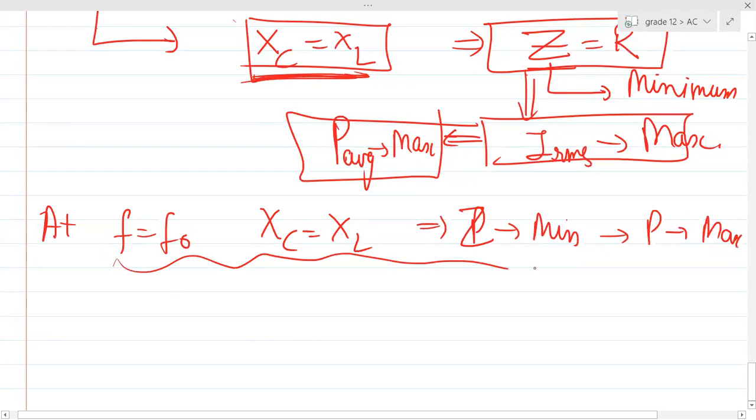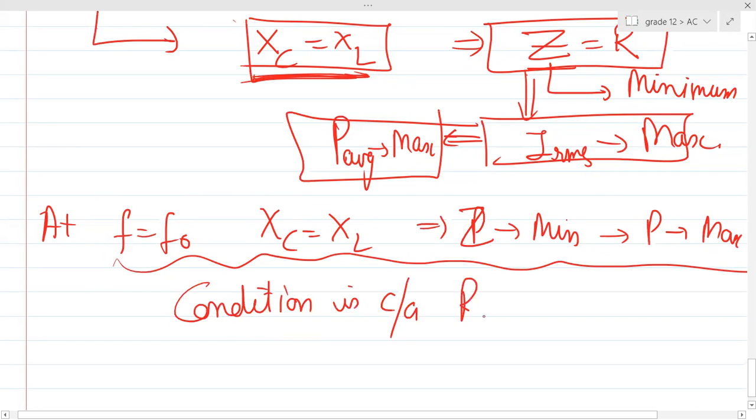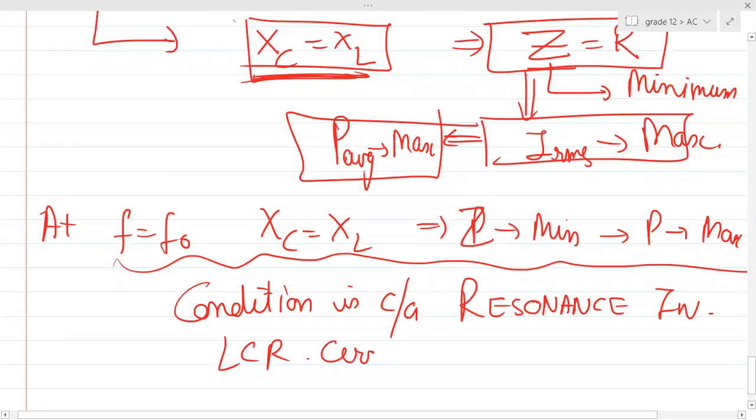This condition is called resonance. That implies at this particular frequency, XC and XL will resonate with each other and behave in such a way that both cancel out or nullify each other's effect.